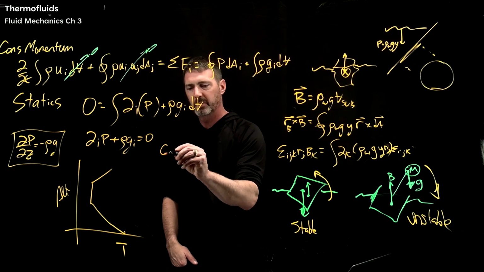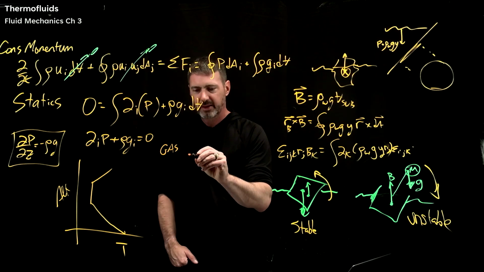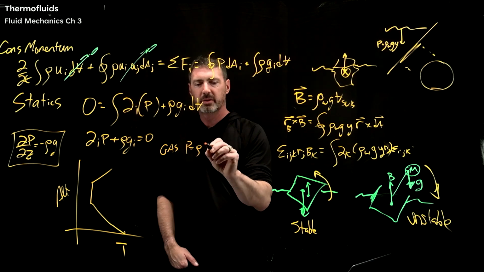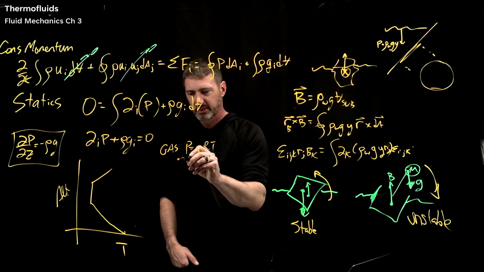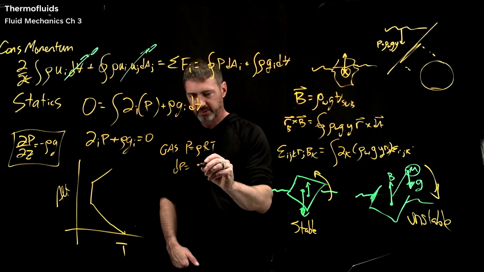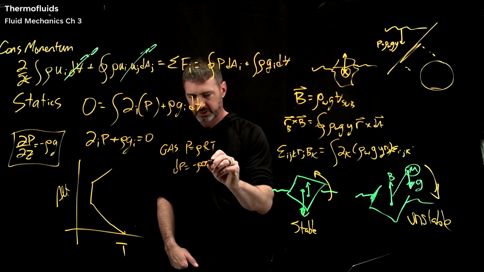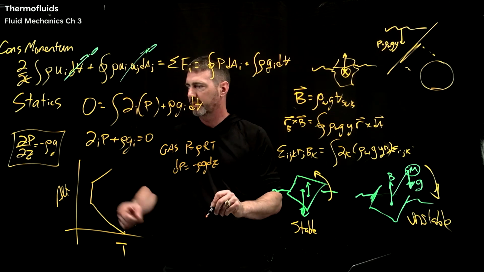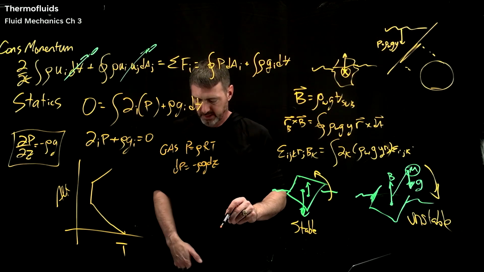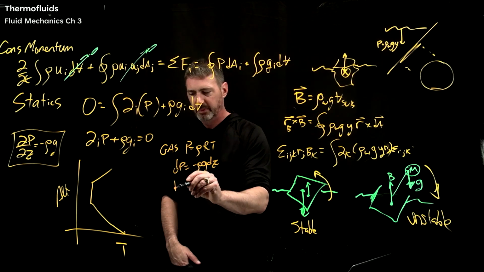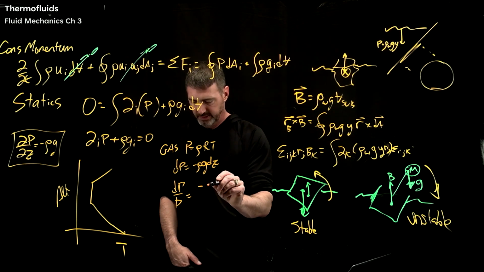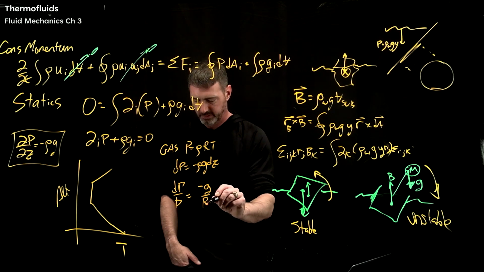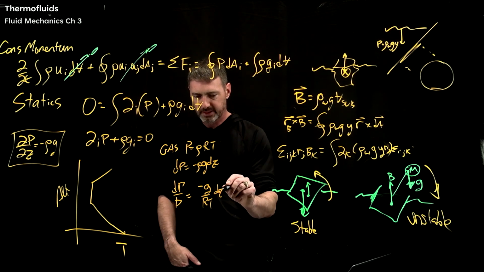You can say, I have a gas, and I know pressure is equal to rho RT. We'll do it as an ideal gas. Okay? And so dP is equal to negative rho g dz. We have that from over here. And so dP over P, you'll get that it is minus g over RT dz.